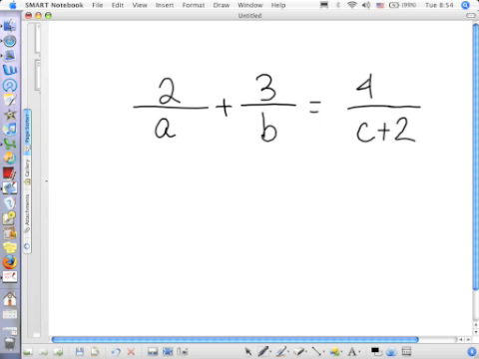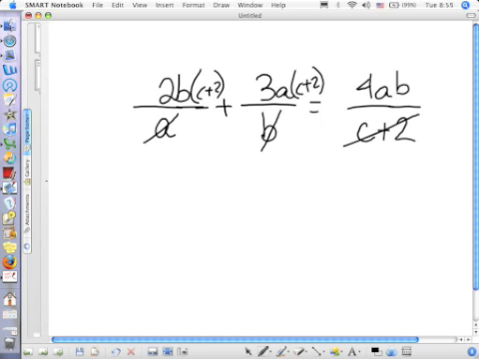Instead of writing A and then crossing it out, just voice your common denominator as you go and say A, B, C plus 2. Does that make sense?